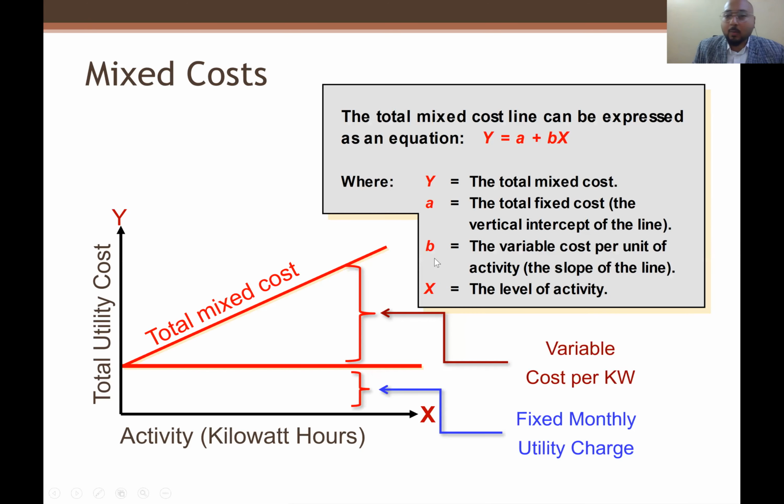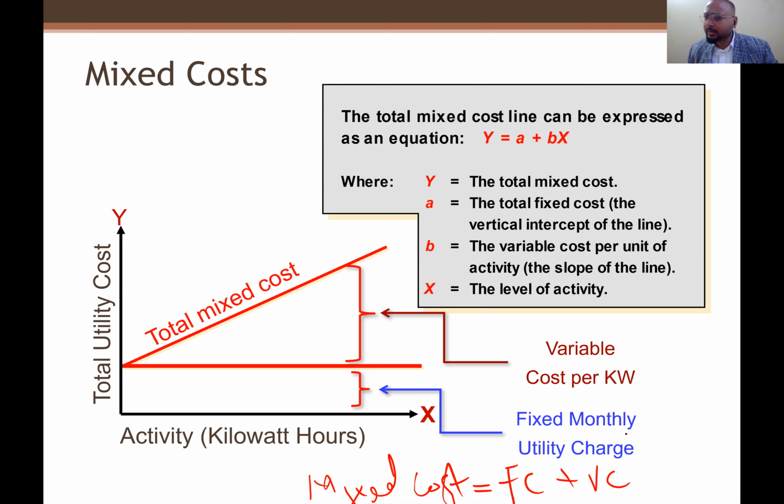So how can we find the equation for that? That's a mathematical process. We are not going into that one. Just remember that mixed cost is equal to fixed cost plus variable cost. And remember what we said about variable cost.